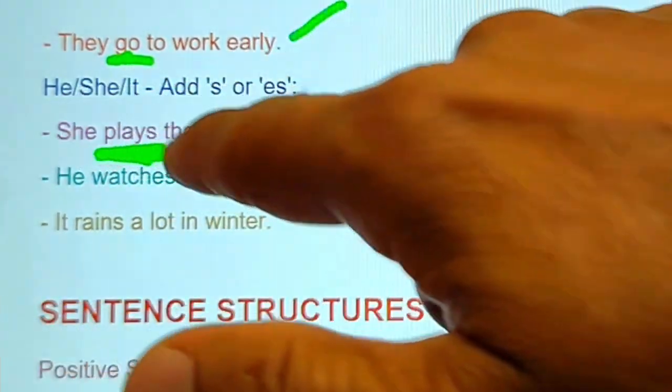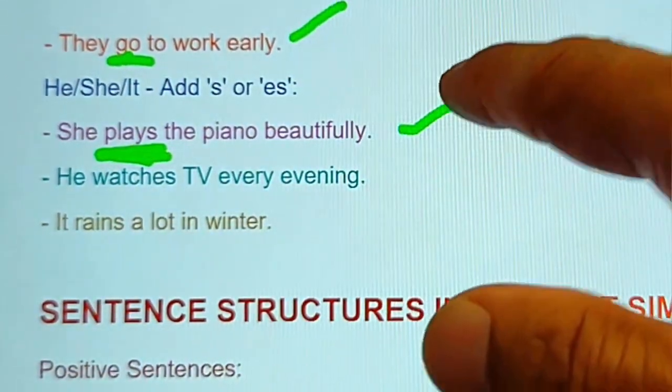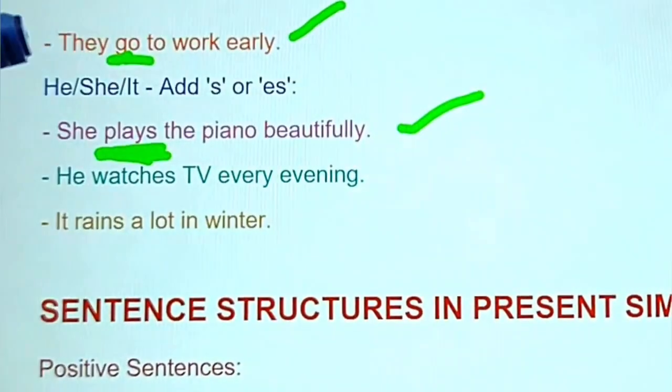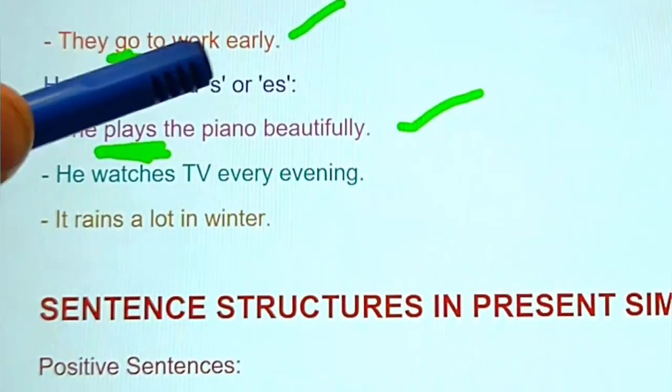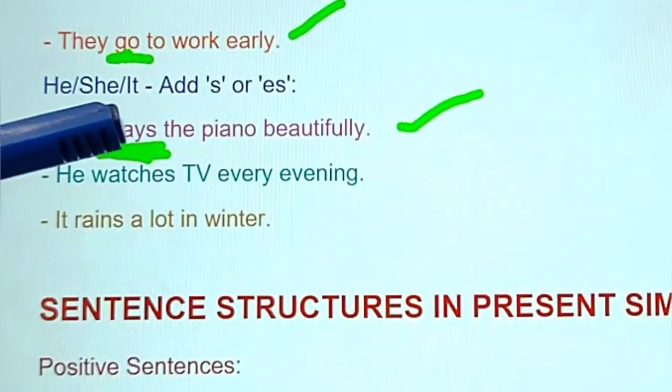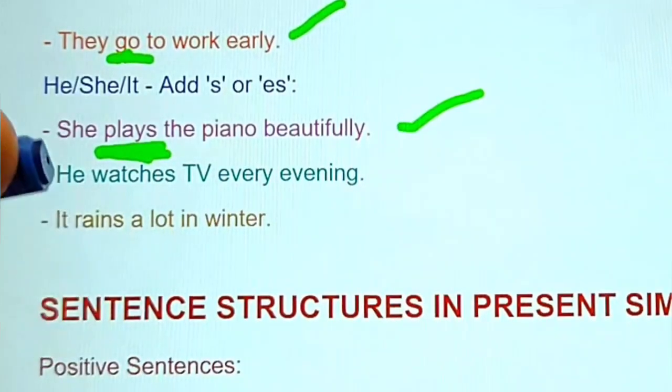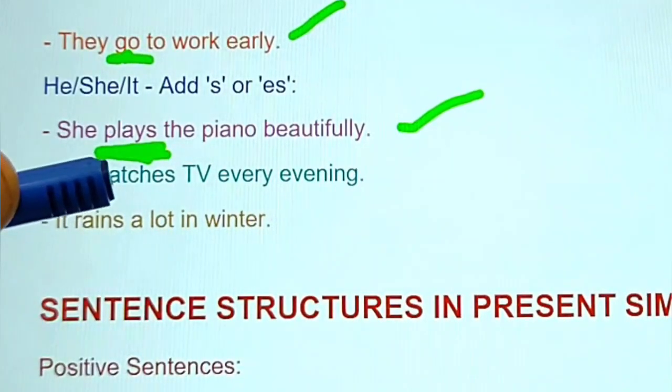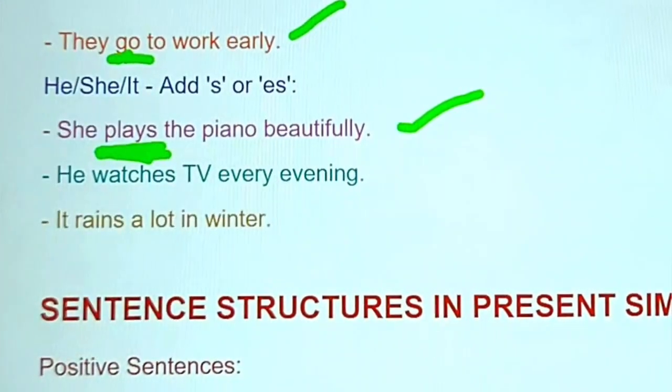We add s here with play. So she plays the piano beautifully. It comes with she and we use s here behind the base form. And next example here, he watches TV every evening.